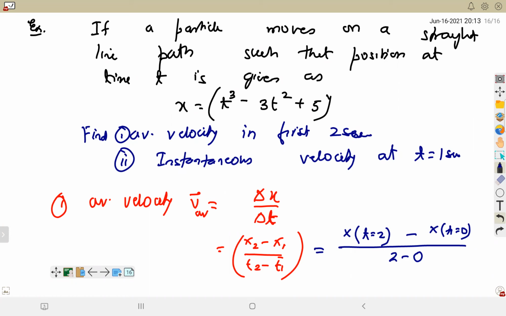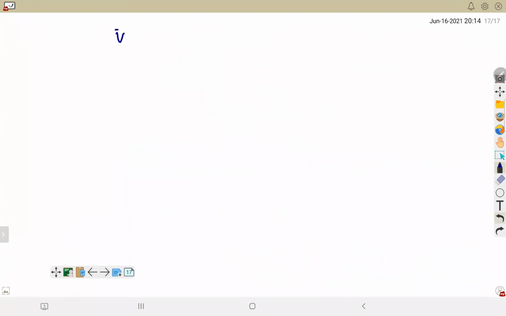Very nice. T is equal to 2, you substitute, it becomes 2 cube, that is 8, minus 12 plus 5, minus, if you put 0, it becomes 0 minus 0 plus 5, and divide by 2. 5 gone, so 8 minus 12 is minus 4, by 2, that's minus 2. So average velocity is minus 2 meter per second.